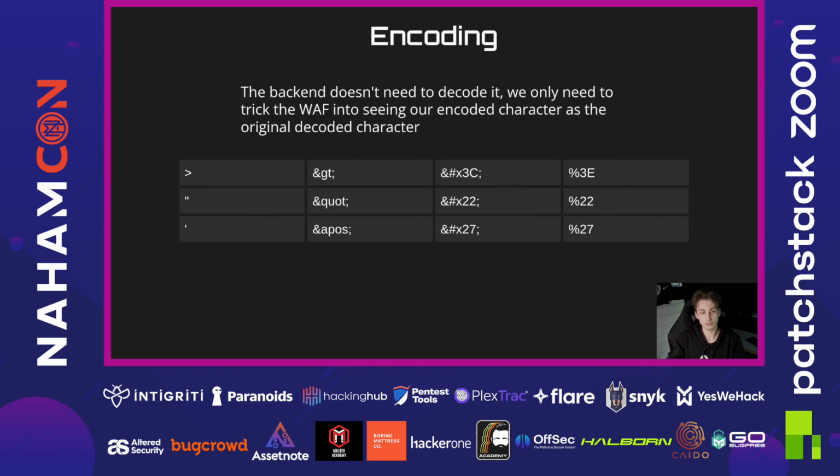So you can use, for example, an HTML encoded version, or a URL encoded version if the backend is not decoding it. And you can use it for different vulnerabilities. It's not specific to any, like quotes, for example.